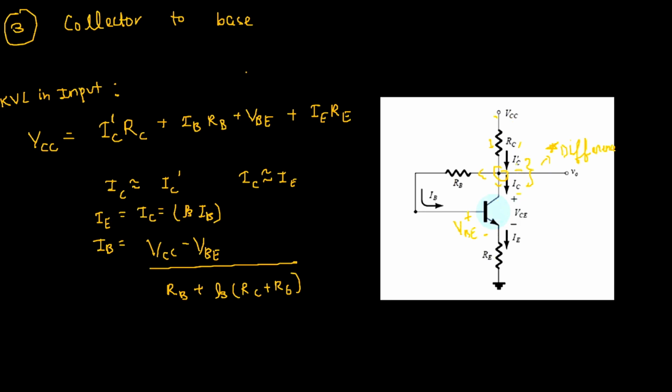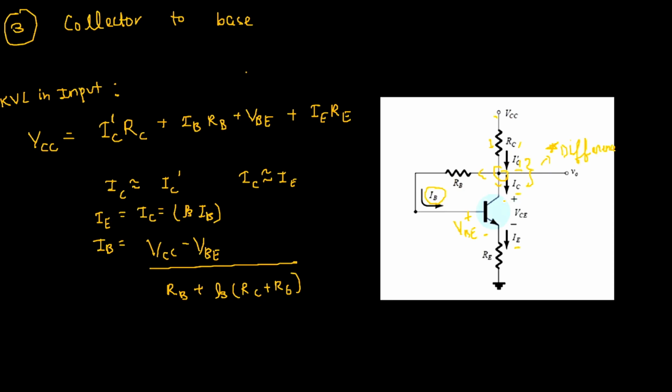So even though IC dash and IC are not exactly the same, we almost always tend to assume that the base current is a very small quantity, due to which we are assuming that IC dash, IC and IE are almost the same.